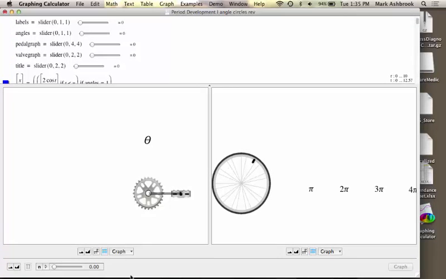So here's what that looks like. When the pedal is in its starting position, the valve is already rotated pi over 3 into its cycle, if you're starting from the 3 o'clock position.